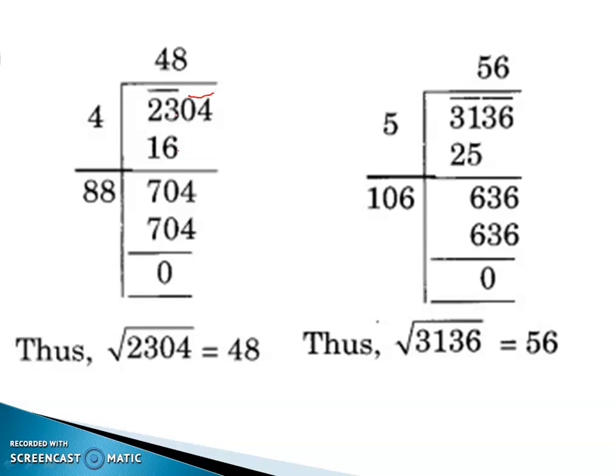I am asking you which is the nearest perfect square number. That word is a must there. That's why I took 4 into 4, 16. Subtracted, 4 plus 4, 8. After trial and error, you will get 8 here and 704. So, 48 is the square root of 2304.